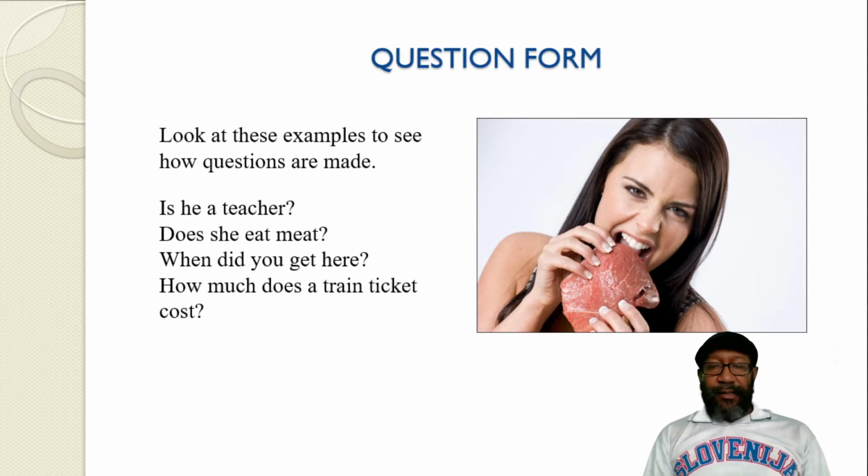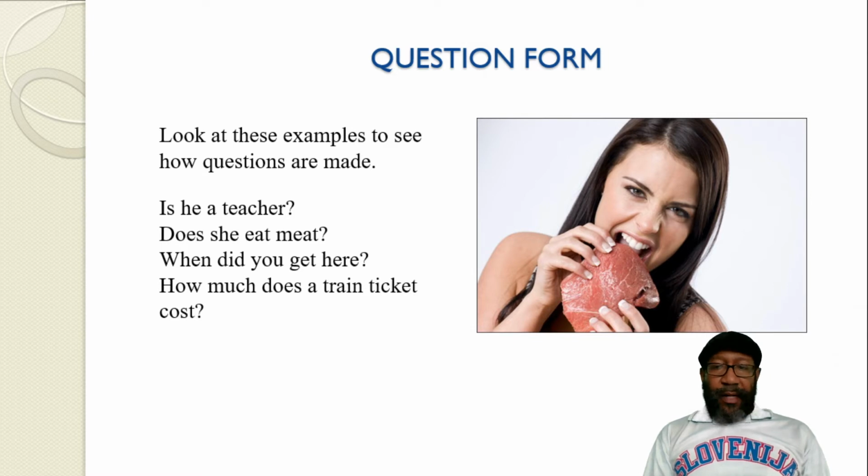In this case, you are using the word does for the third person, do for the other people, to make the interrogative with other verbs besides the verb to be.